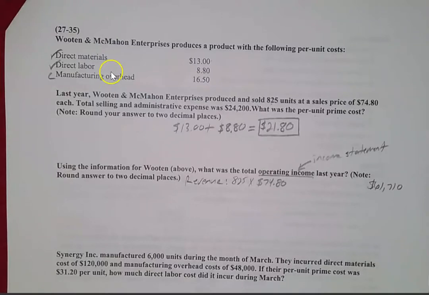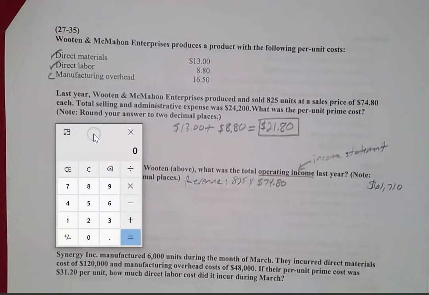Well, it is the total of direct materials, direct labor, and manufacturing overhead in finished goods. And if they sold 825 units, we can assume that they were in fact finished goods. We don't sell them when they're part of the way done.